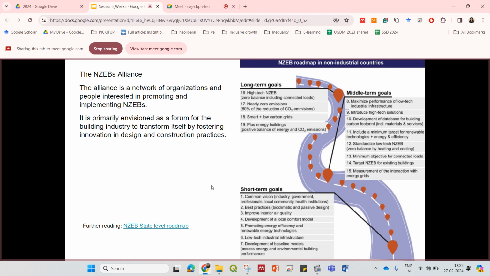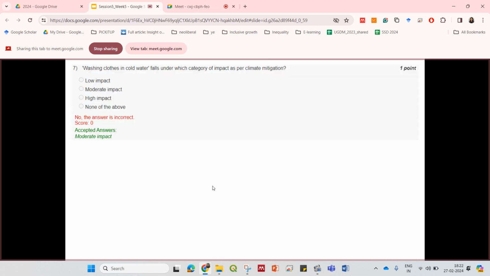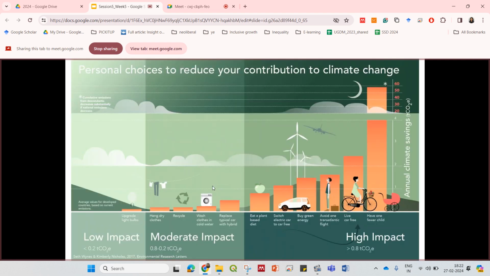Now we move on to the next one. Next one was that washing clothes in cold water falls under which category of impact as per climate mitigation. So this actually comes from this graphic which was shown to you in the lectures. So this graphic tells you which kind of personal choices that an individual can make can help you to reduce your contribution to the climate change.